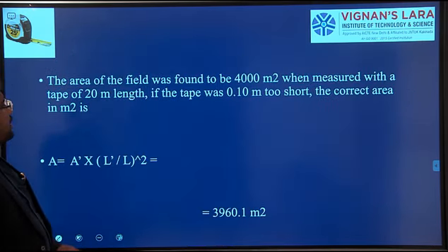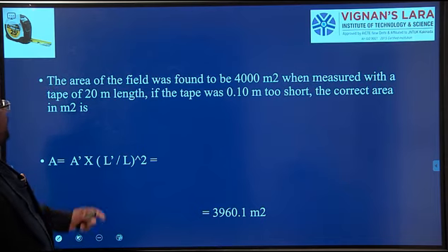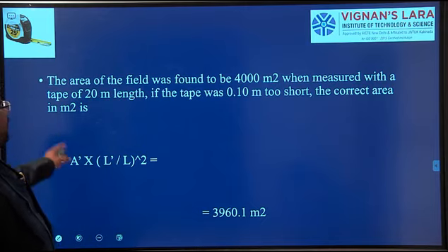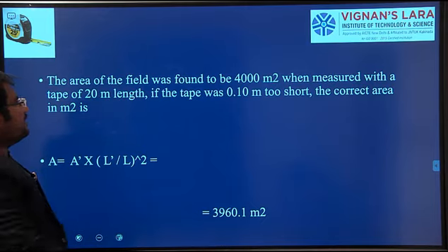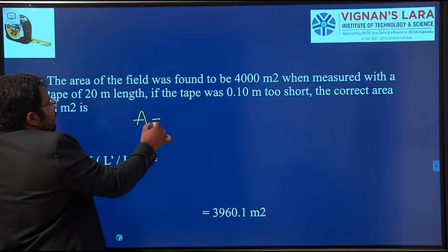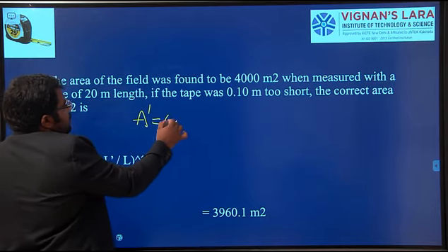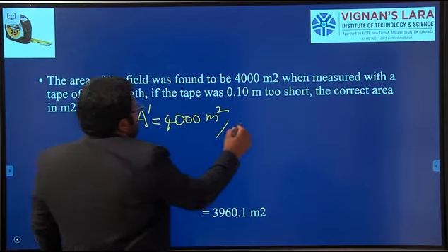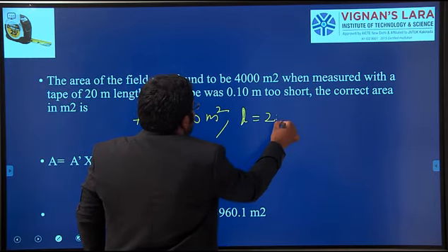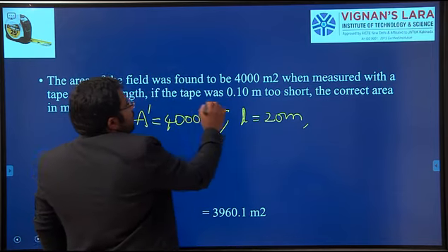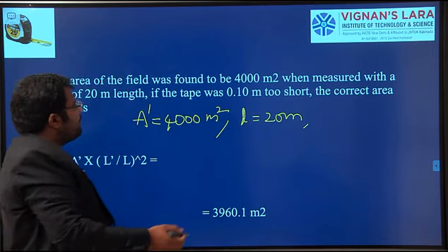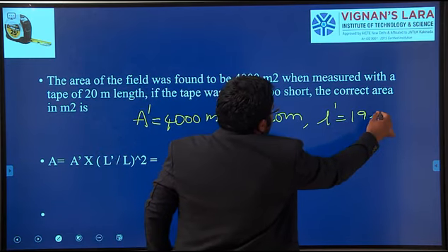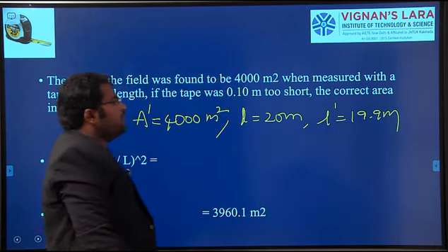Next, this is the problem for area. The area of the field was found to be 4000 meters square when measured with a tape of 20 meter length. Here they gave A dash as 4000 meter square, and the chain length L is 20 meters, but it was too short. Too short means very less, so L dash is 19.9 meters.